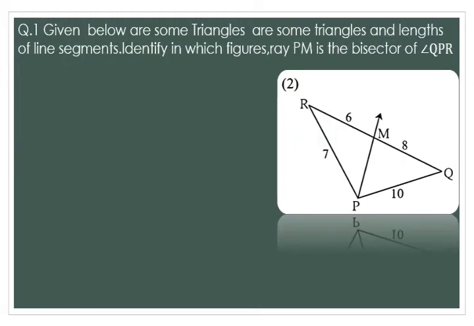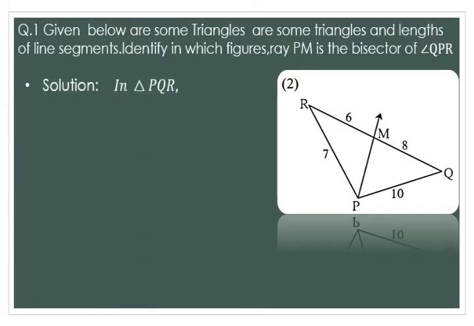Second sub-question. Here again triangle QPR is given, and we have to find out whether ray PM is the bisector of angle QPR. First we will take the ratio of PQ upon PR, then the ratio of QM upon RM. If the ratios are equal, then we can say that ray PM is the bisector of angle QPR.